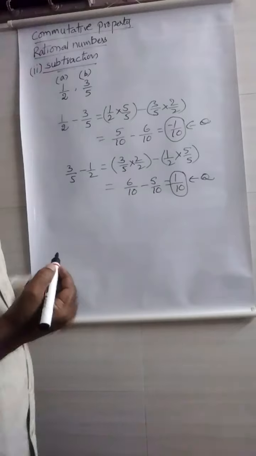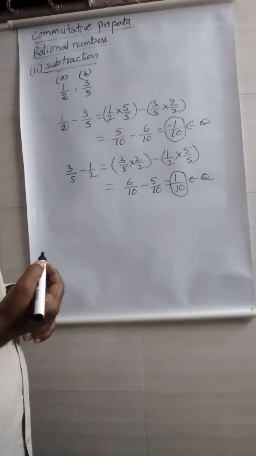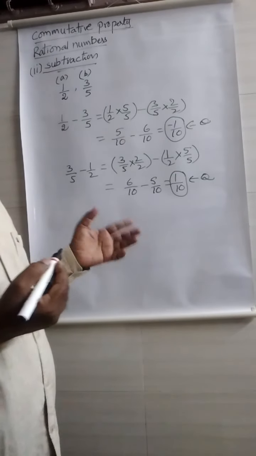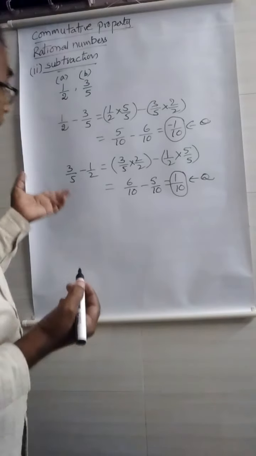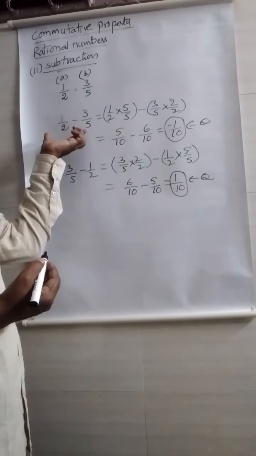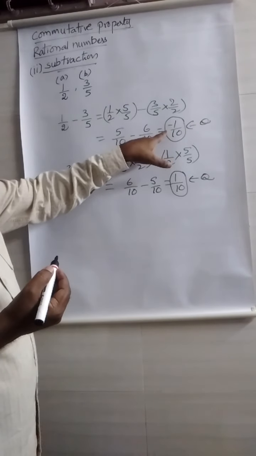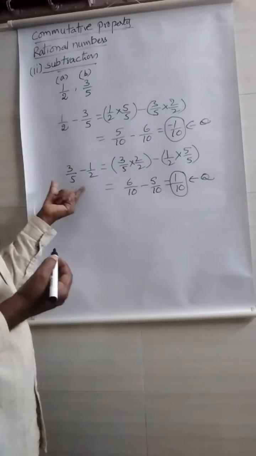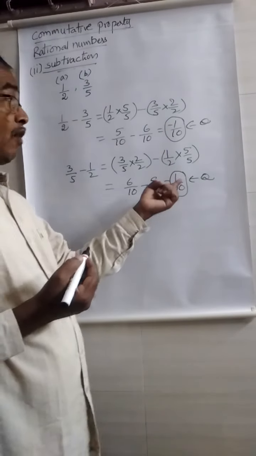In the previous one, in addition, the rational numbers are commutative. We get no change in the result even though the order of the numbers is reversed. But here in subtraction, in the first case, we get minus 1 by 10. Specifically, 1 by 2 minus 3 by 5 gives minus 1 by 10. But when we reverse the order of the numbers, what do we get? 1 by 10.